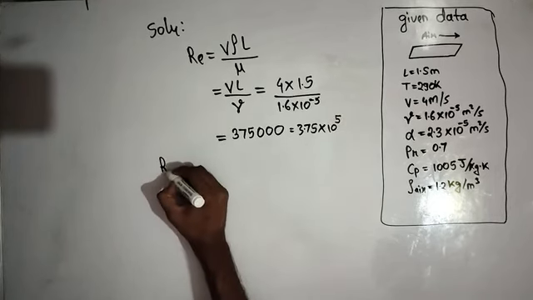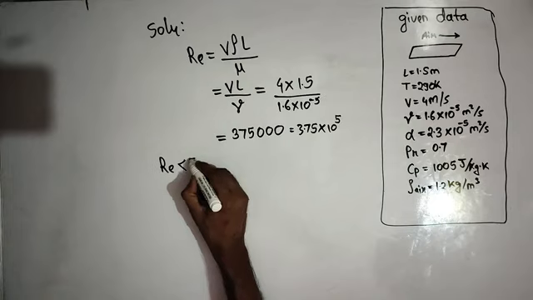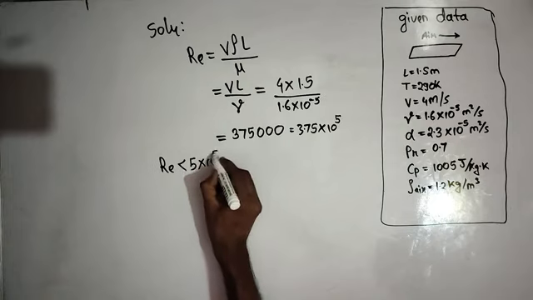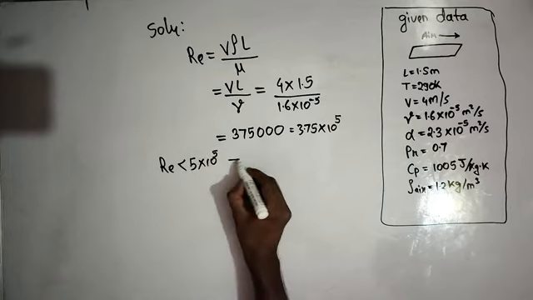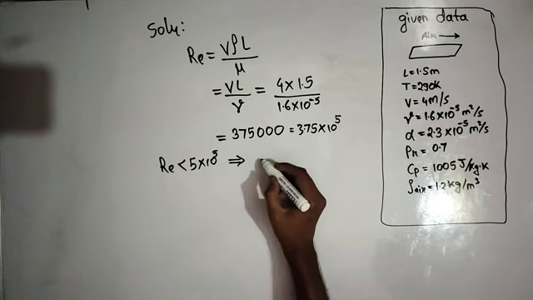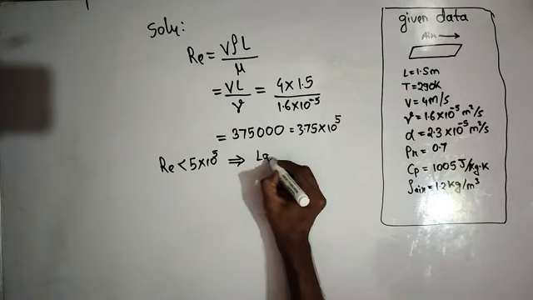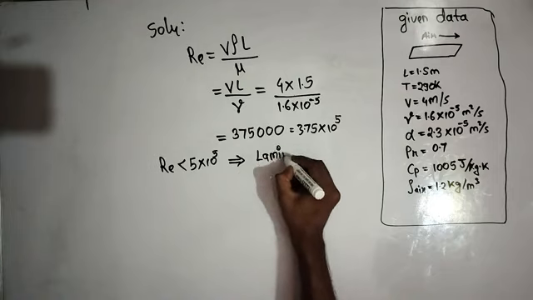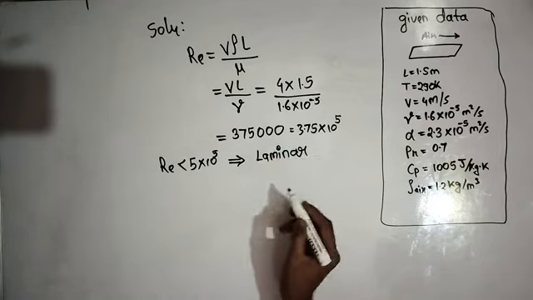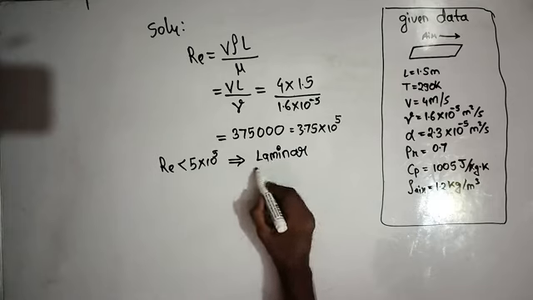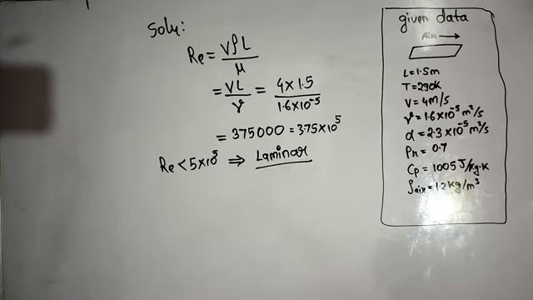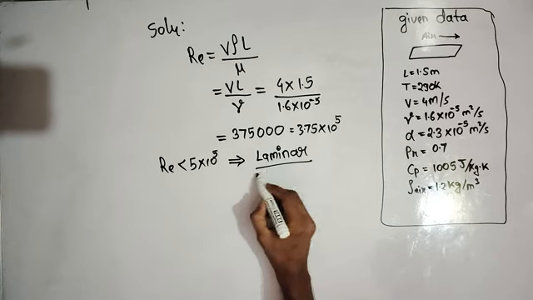From this we can conclude that Reynolds number is less than 5 into 10 raised to power 5. From this we can see that the flow is laminar. So the flow is laminar.